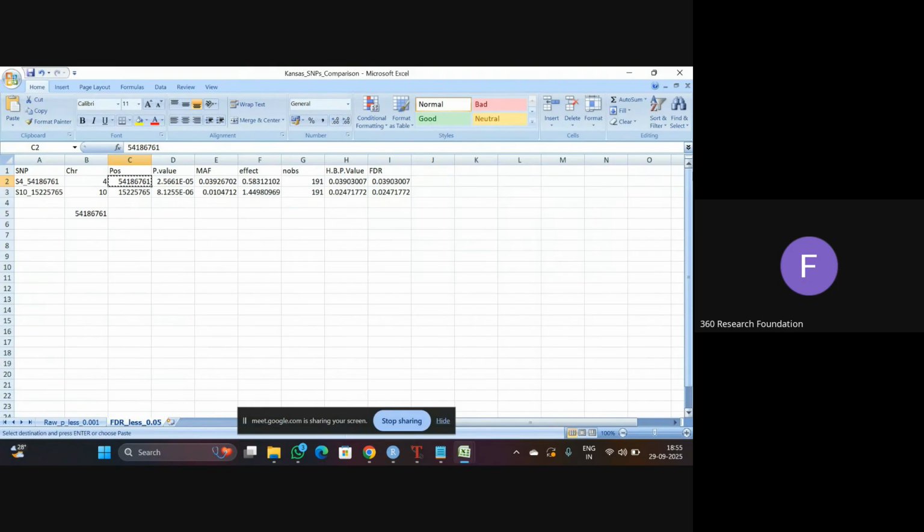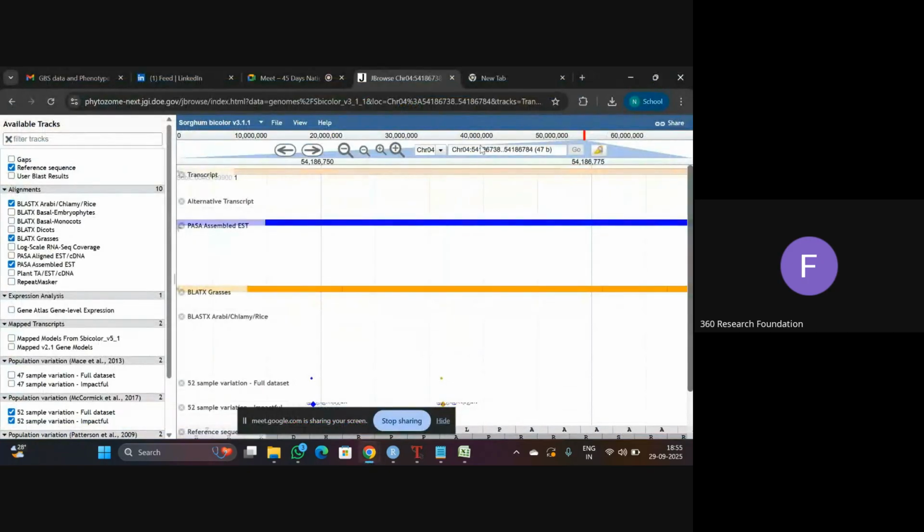So ideally a 500 to 1,000 base pair range will do. Otherwise, directly keep the position at start and end, and if the marker is on a gene, you will get the gene.